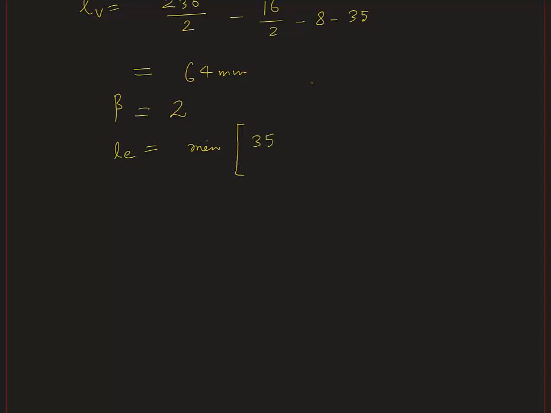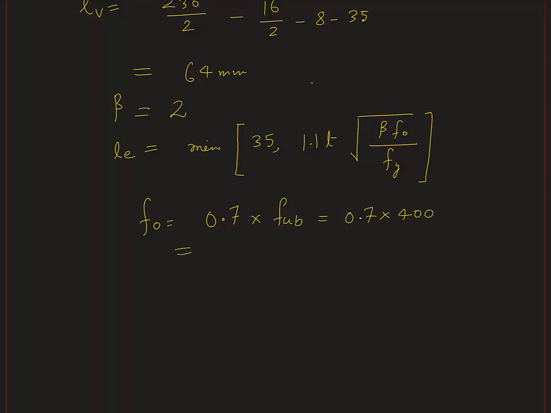So this is 35, and another term, that is 1.1 times T multiplied by beta f_o divided by f_y. And f_o is nothing but the proof stress, that is 70% of f_ub, that is 0.7 times 400, and all this is given in the code, that is 280 MPa.